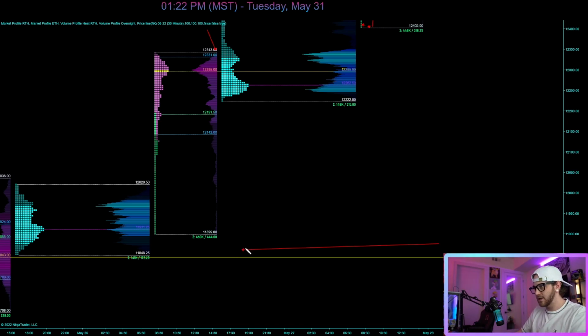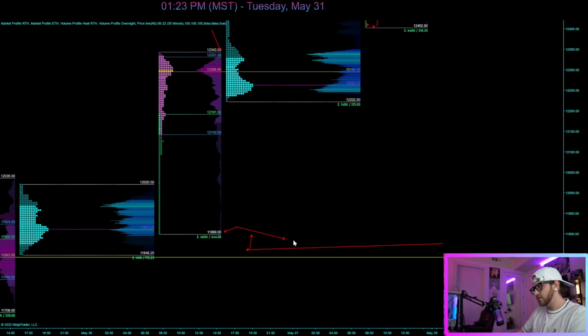Then you would say, okay, we're likely to either close the gap, and then I watch the reaction at 11.9 to see if maybe there's a short opportunity there, or if we move back above 11.9 and we start putting in higher lows, maybe I look for longs there, things of that nature. So this would be a gap and go to the downside.